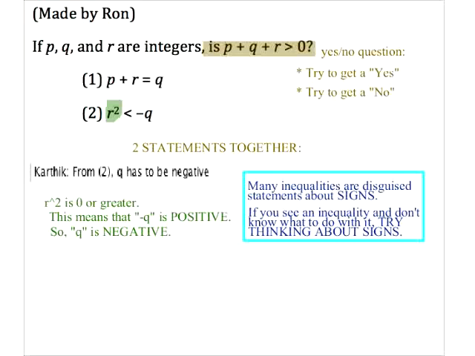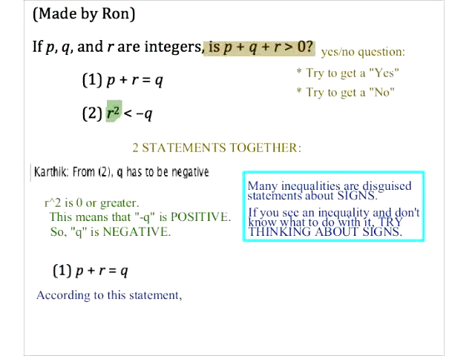Now, what do we do with statement 1? Well, there's a few places you can go with this. Let's just take what the statement actually says before we start doing fancy algebra. The statement says that P plus R is the same thing as Q. So this is like a substitution.